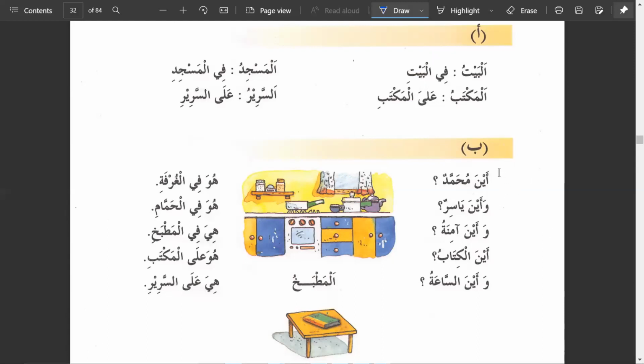Aina means where. Aina is a question word in Arabic. Aina means where. Where is Muhammad?